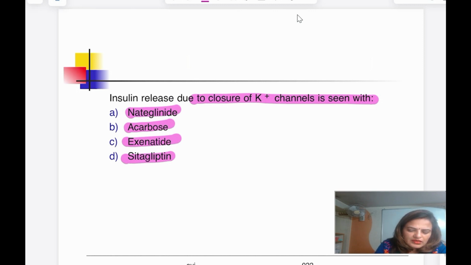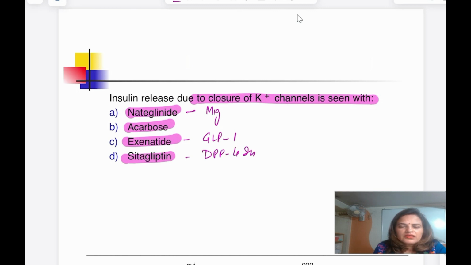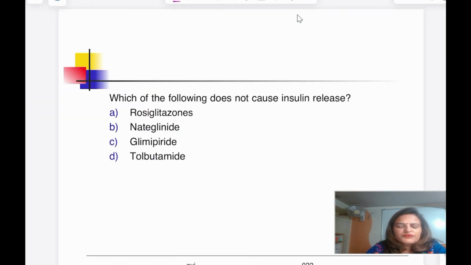This is a Miglitinide, this is a GLP-1 analog, this is a DPP-4 inhibitor. All of them act by closing the ATP sensitive potassium channel and cause release of insulin, except acarbose.